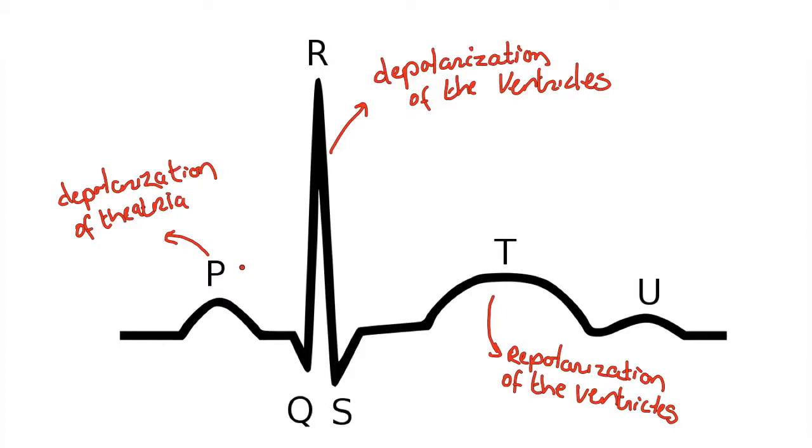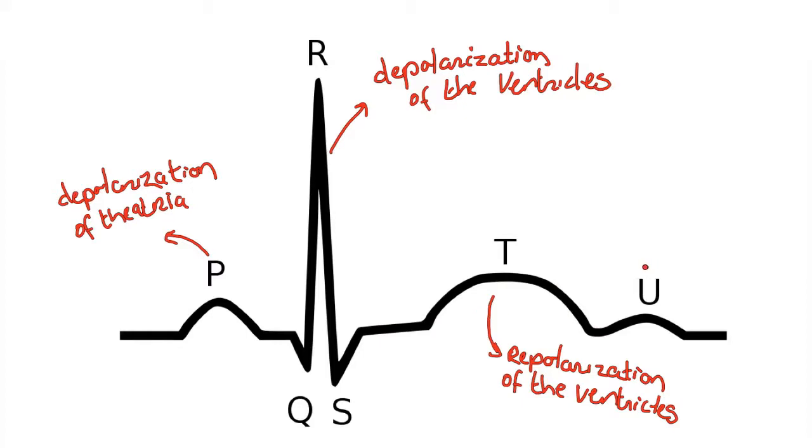But if you look at the heart, you'll see that the atria are significantly smaller than the ventricles. So when the cells in the ventricles depolarize, that's going to have a much greater effect on the EKG or the ECG because you have more cells depolarizing, so you get a stronger signal. And then, of course, you get the repolarization.